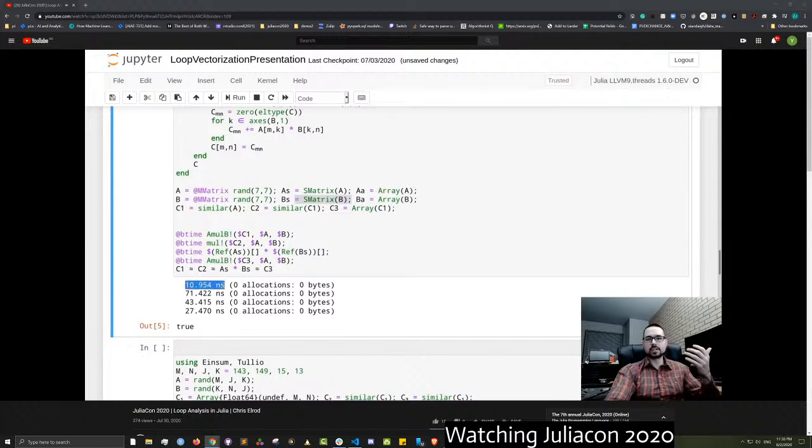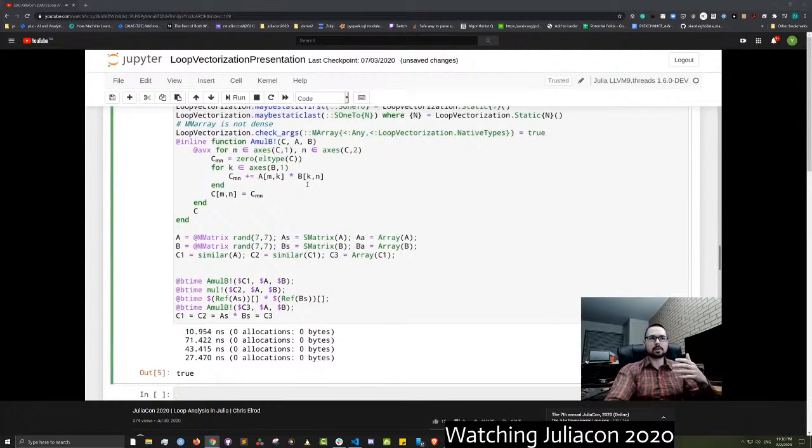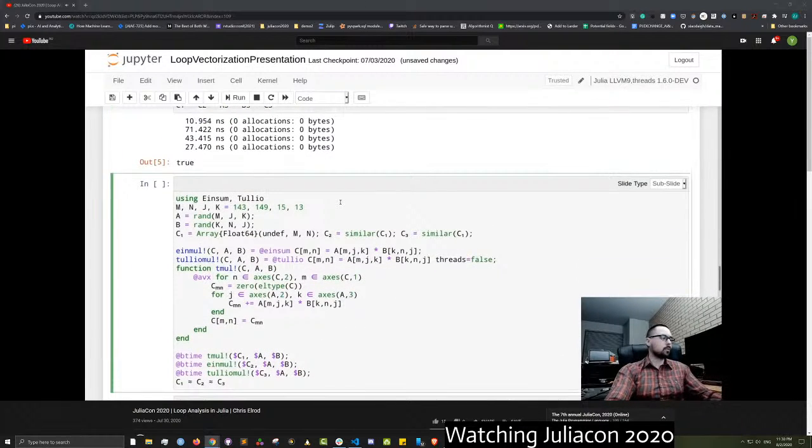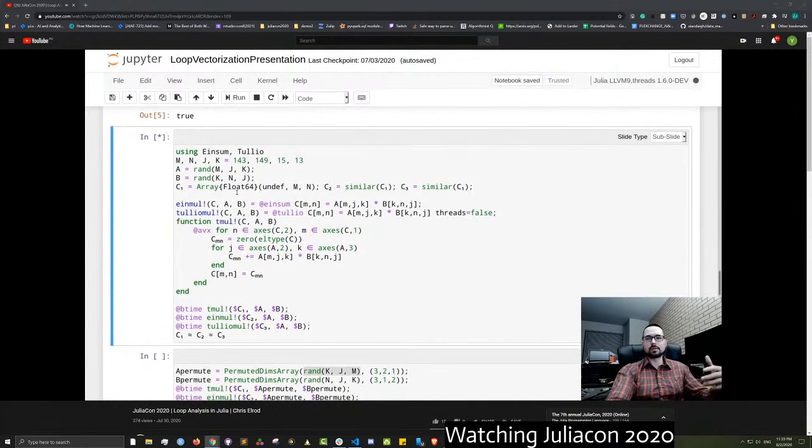And loop vectorization, given static size information, is again over twice as fast as it was without. So it's very easy to make these optimized small matrix operations in this manner.